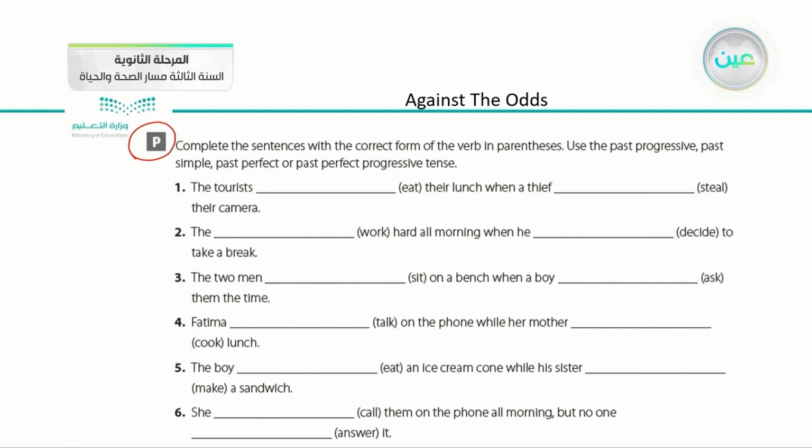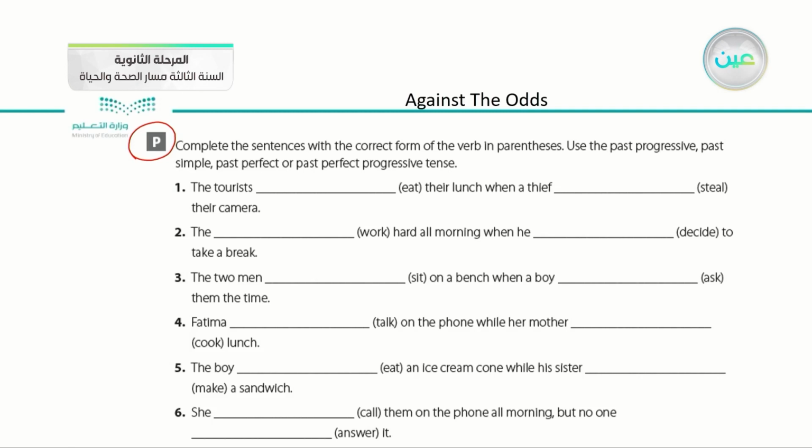So in this exercise, you are asked to use all the past tenses that we have just learned together. You can also here pause the video, try to do this exercise on your own, and after that, get back and resume to check your answers with the correct answers we are going to have together now.